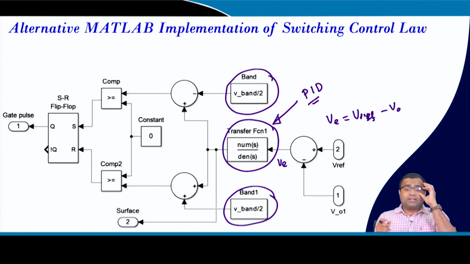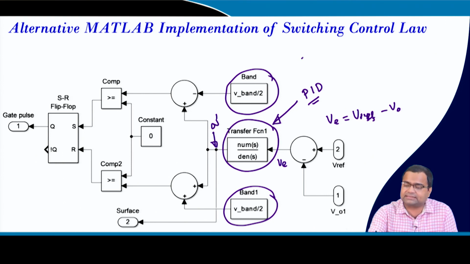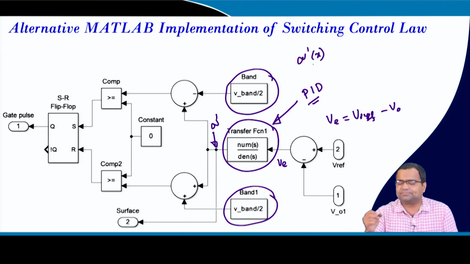I will tell you that this can be very easily linked with a PID controller, where this controller will have 3 components. You can think of it as a sigma dash x. So, sigma dash x, I am taking the first state to be Kp into Vref minus V0.